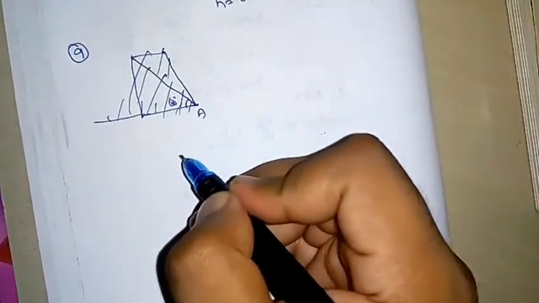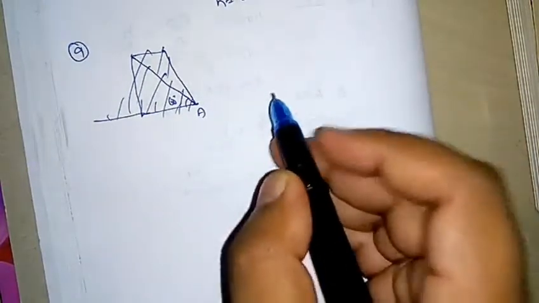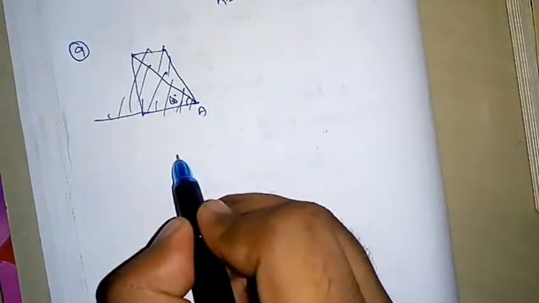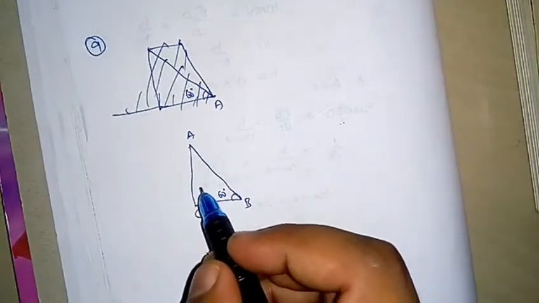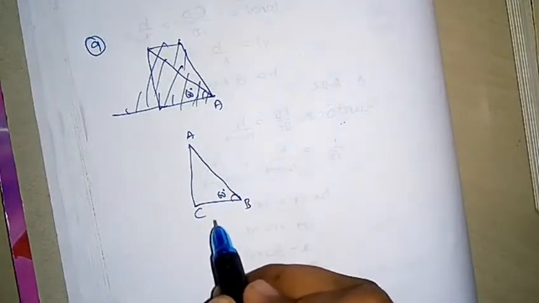The angle of elevation of a jet plane from a point A on the ground is 60 degrees. Let this point be A, B, C. After a flight of 15 seconds, the angle of elevation changes to 30 degrees.